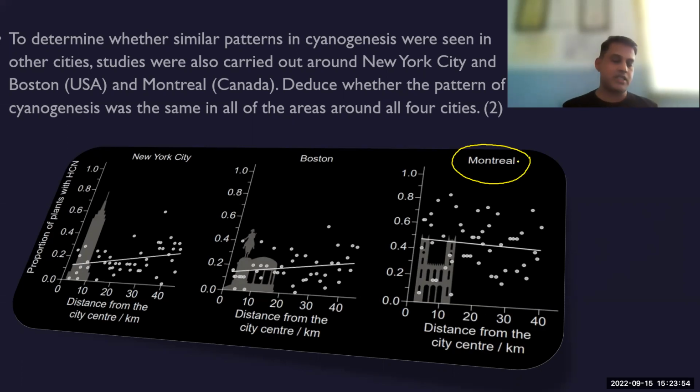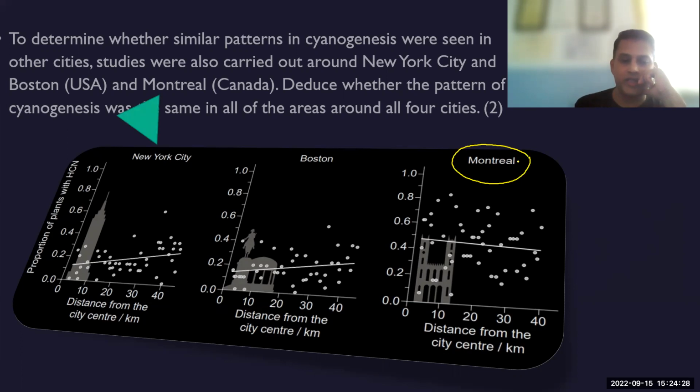Interesting. This is an important and interesting thing for scientists. If all four cities had the same pattern, it would be a little easier to understand, as there would be one factor that is the same in all cities. But if there are three cities with positive correlation and negative correlation in one city, there should be something different in Montreal, right?